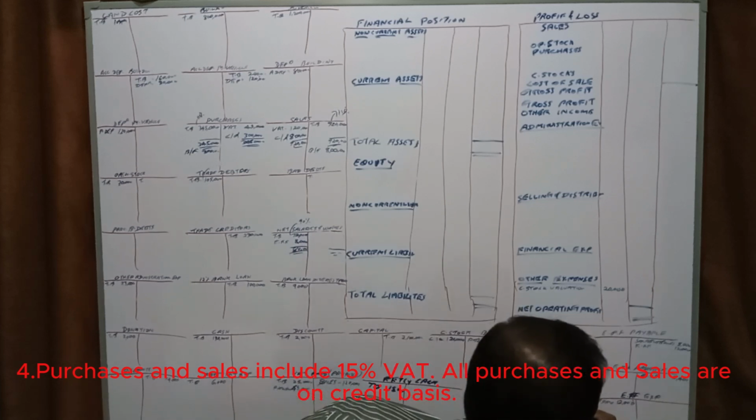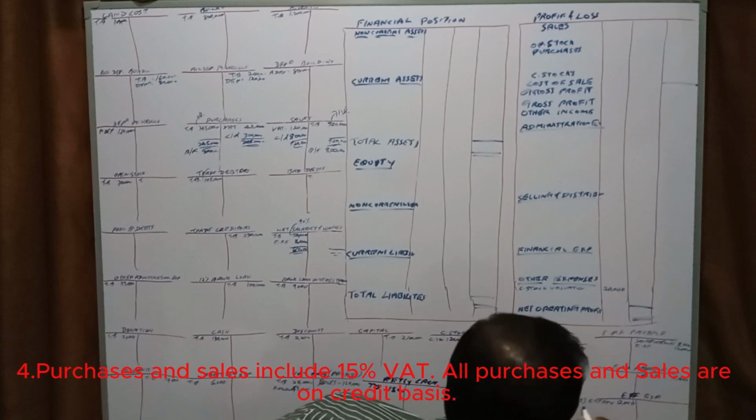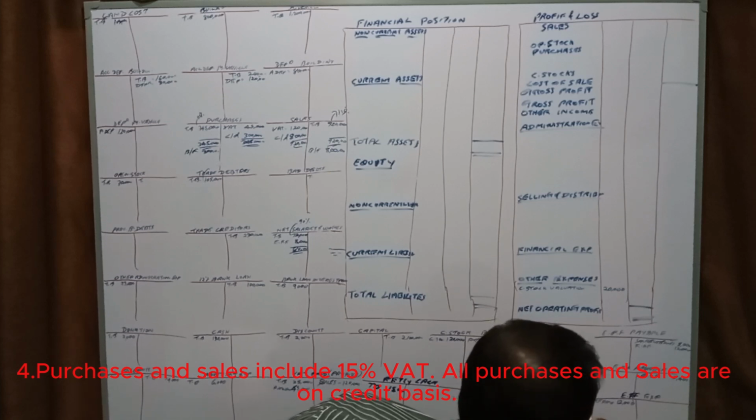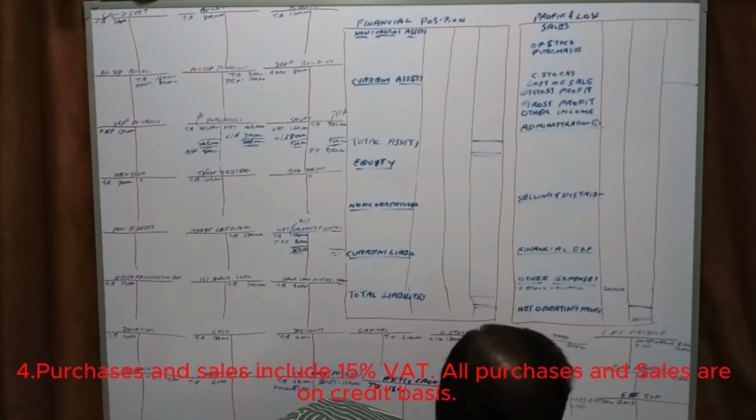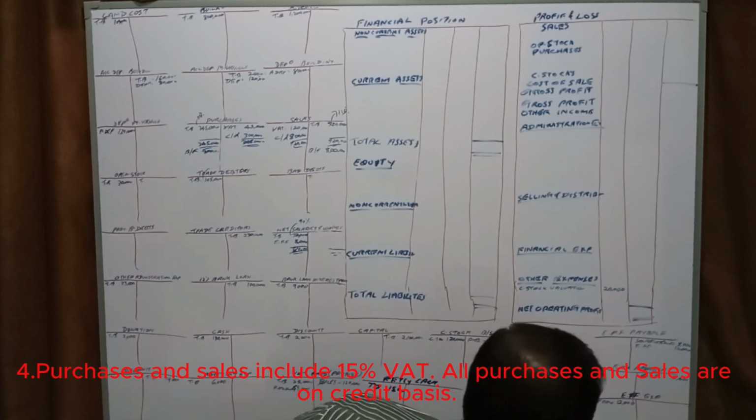That means 115%. So what is the 100%? Actual sales. The actual amount should be 800,000. And this is 300,000.